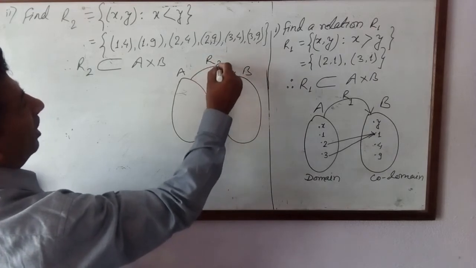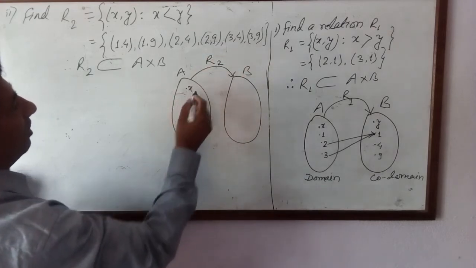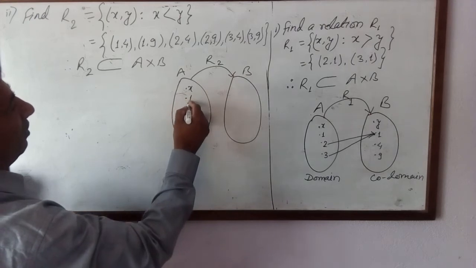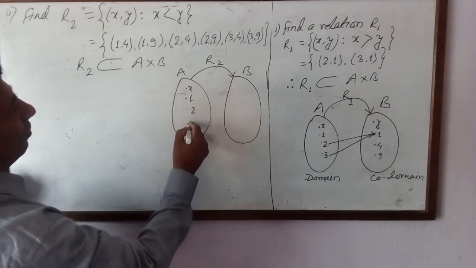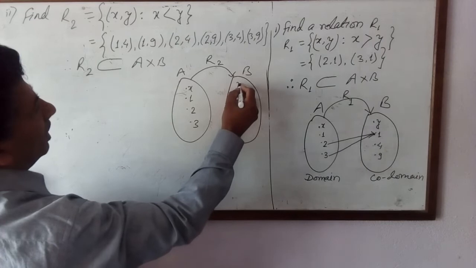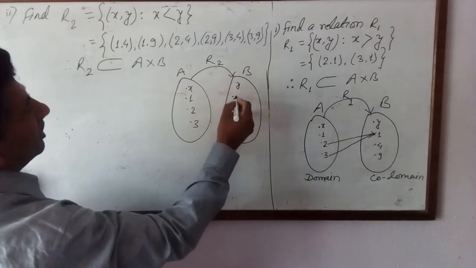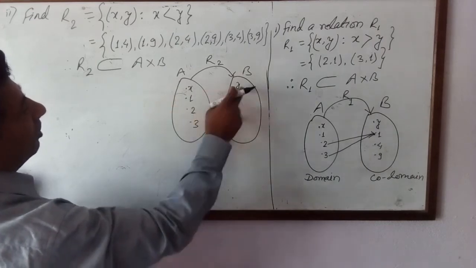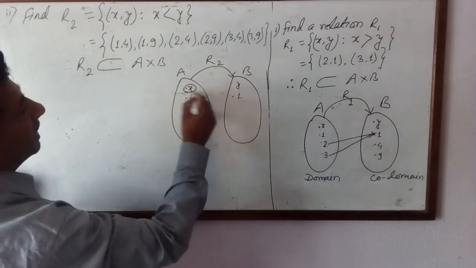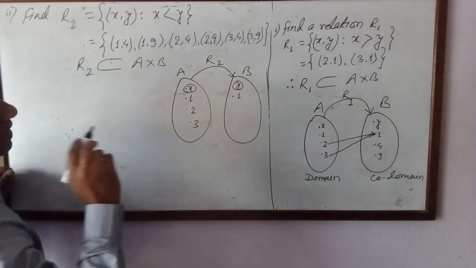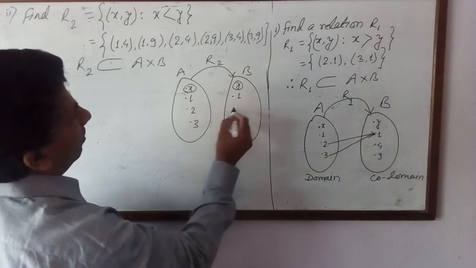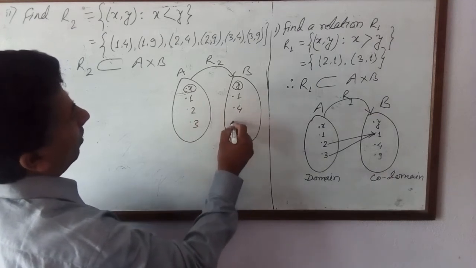I'll write here R2. This X represents all the elements of set A, 1, 2, 3, and this Y represents all the elements of set B. Actually it's not necessary to write this X and Y here. Just to make it clear, I have written 1, 4, 9.